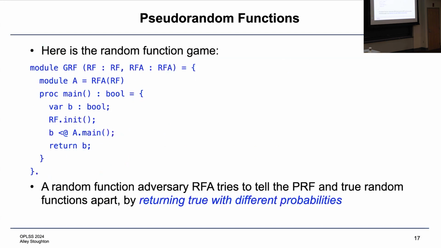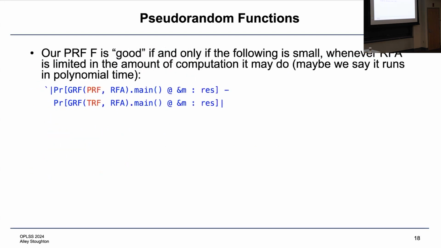And so what we're going to be doing is treating this term here for a particular random function adversary, which in fact will be built out of the real symmetric encryption adversary, as a formal term. And is it really small? It depends upon these assumptions. But in the EasyCrypt proof, we don't care, actually.